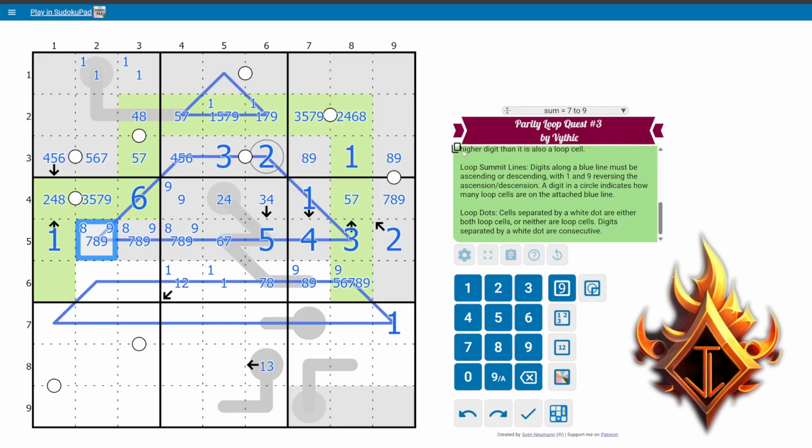So we do get 7, 8, 9 there. So 6 will be in one of those. If it is here, that would still work for the ascension descension. That would be 9. But it would also turn. And then it would be 4.